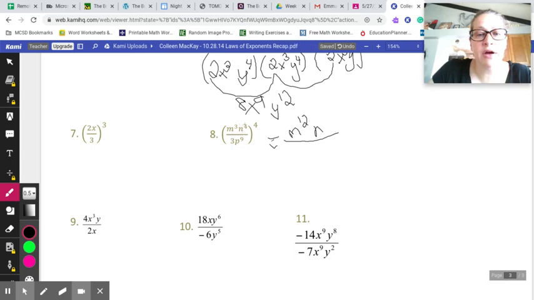N to the fourth, so 4 times 4 is 16. Because this is raised to the power, it's also raised to the power down below. So I have 3 to the fourth. And then 9 times 4 is 36.